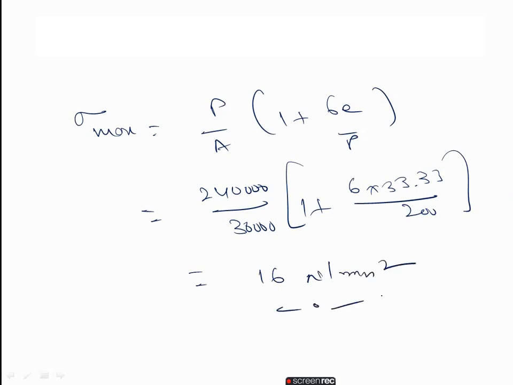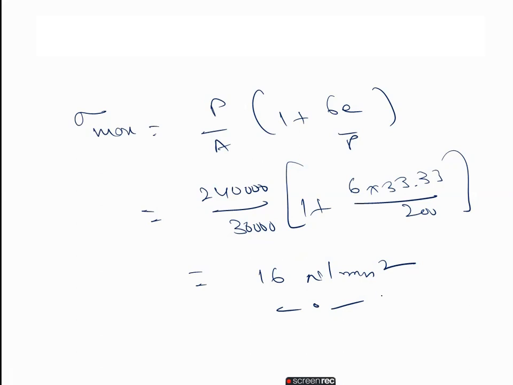This is your problem. So simply we use sigma minimum given as 0. The formula for sigma minimum is P by A into 1 minus 6E by B, and sigma max is P by A into 1 plus 6E by B.